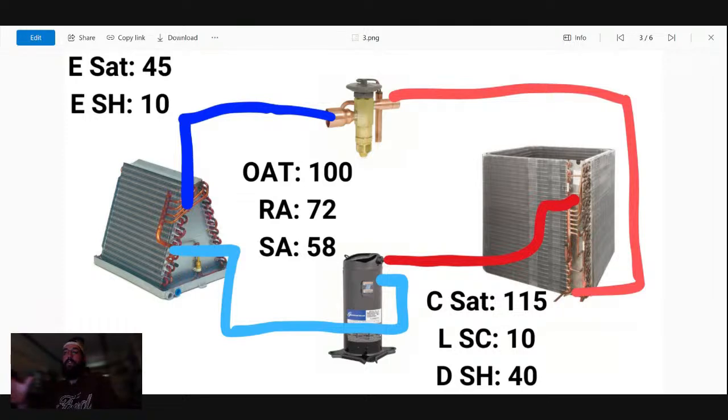All right. So return air humidity, let's say, is between 65 and 70% relative humidity in the return and down in the space. And yes, the cycle time seems a little short.